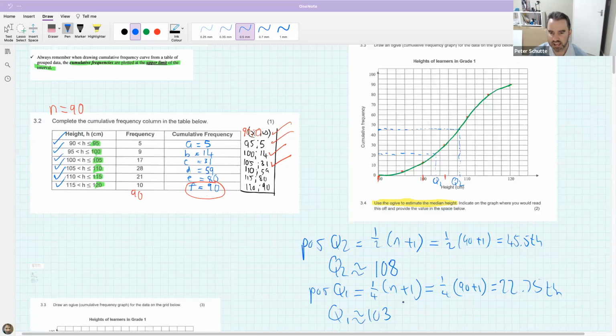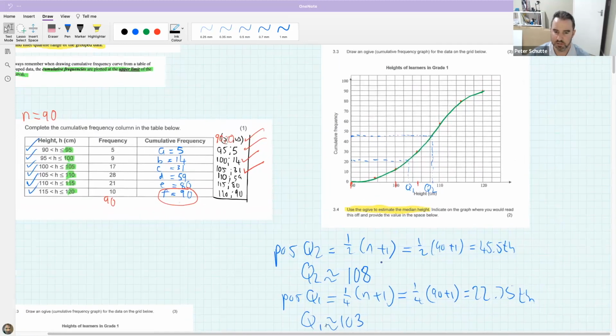All right, same idea. Could you get me an estimate for the upper quartile? What is Q3 going to be? First we'll calculate the position and then calculate the actual estimate of Q3.